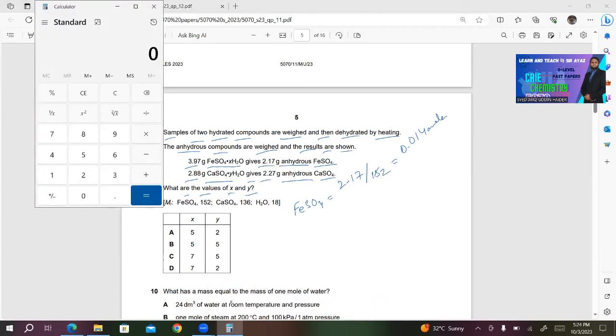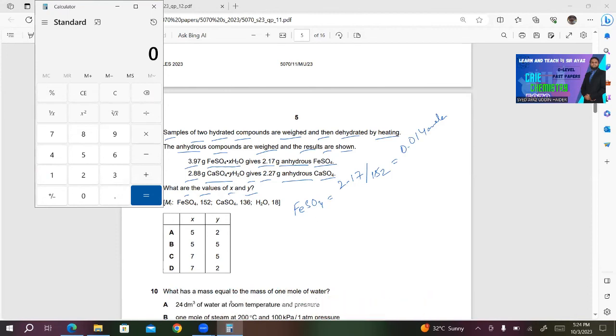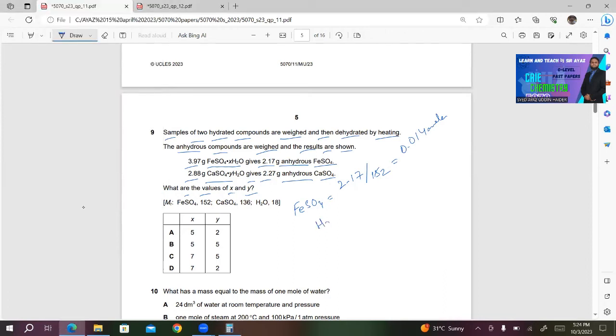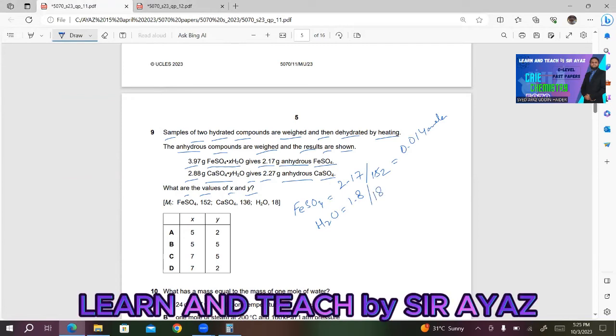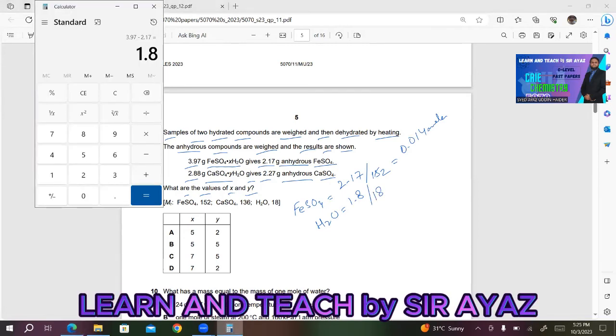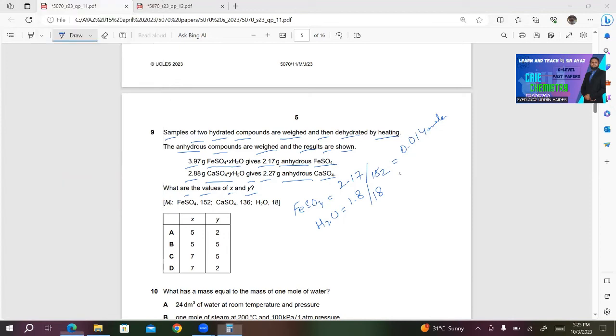Okay, what about water present in FeSO4? For this, we need to subtract 2.17 from 3.97. 3.97 minus 2.17, so this is the grams for water, 1.8. So you will divide it by 18, which is the Mr of water. So 1.8 divided by 18, we'll get 0.1.